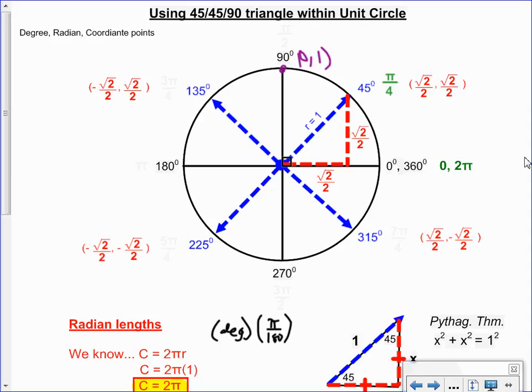You would just do the same thing with 90, 135, and 180, and they will all reduce down to a simple fraction. 90 is pi over 2. 135 is 3 pi over 4. 180 is, if all the way around is 2 pi, what's halfway? 1 pi.